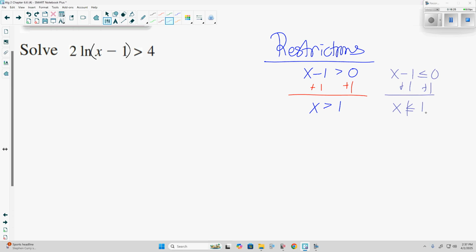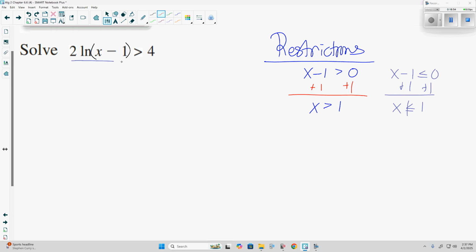For this here, if x is less than or equal to 1, it doesn't work. x has to be greater than 1. Does that answer that question? Because the restrictions are what's going to make what's inside the log be 0 or negative. So if it's 1, what's inside is going to be 0. Anything less than 1, so 0, would make it negative. That's all that's saying.